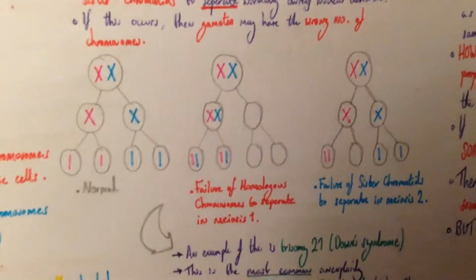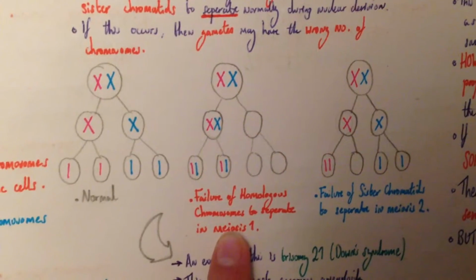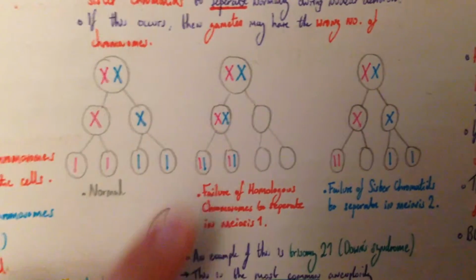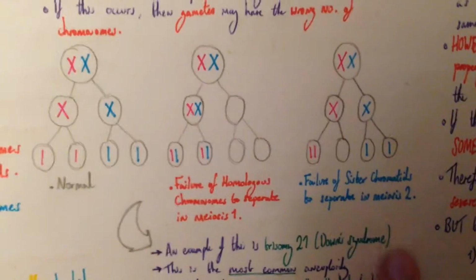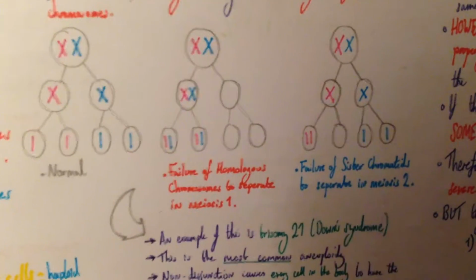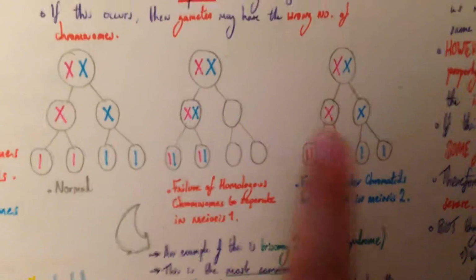However, here we see a failure of homologous chromosomes to separate in meiosis 1. Here we see a failure of sister chromatids to separate in meiosis 2.